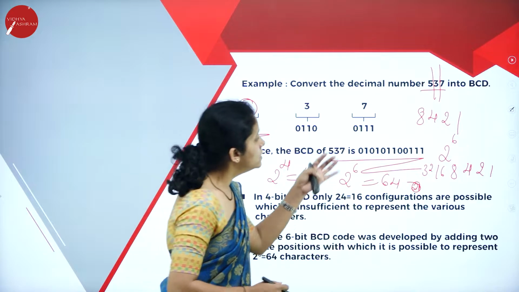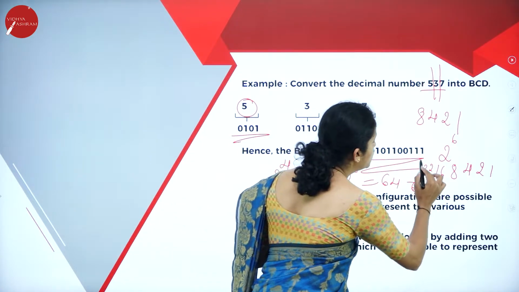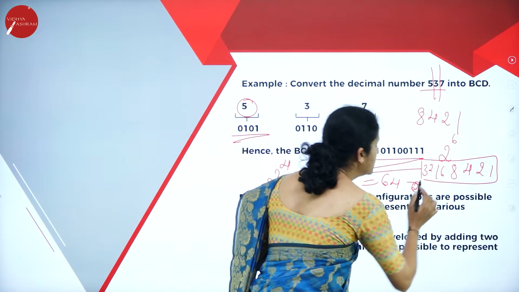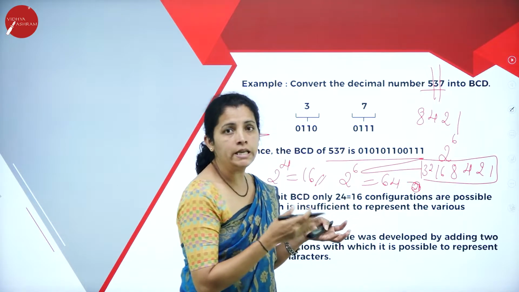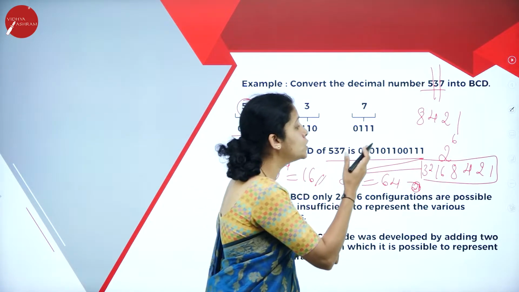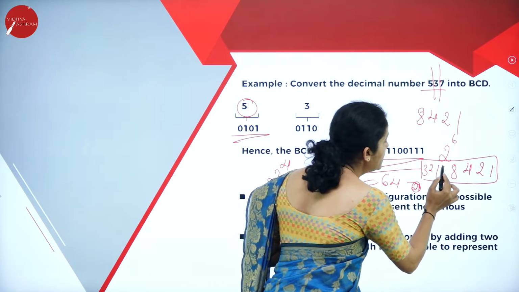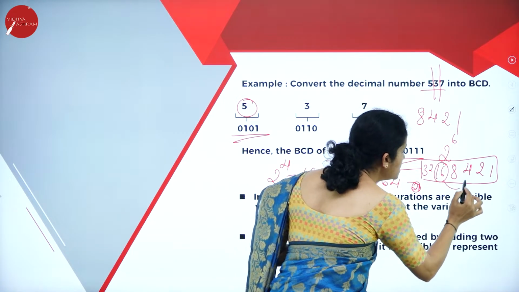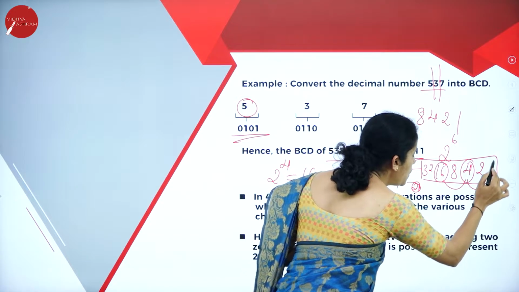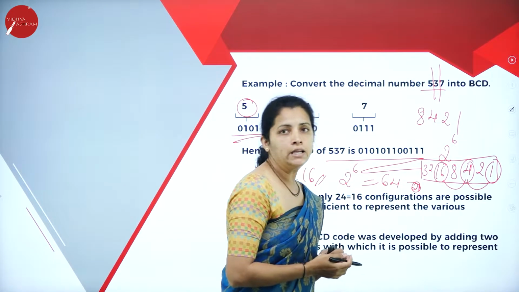How can I? See here, I have the weights 32, 16, 8, 4, 2, 1. If I add 16 plus 4 plus 1, I get 21.